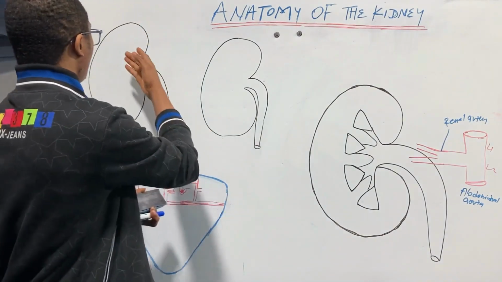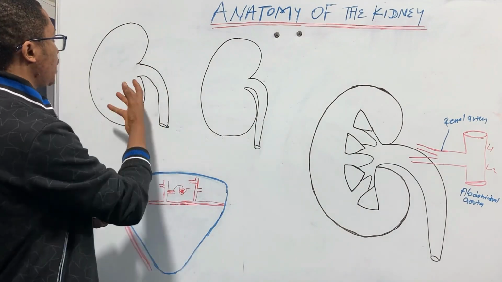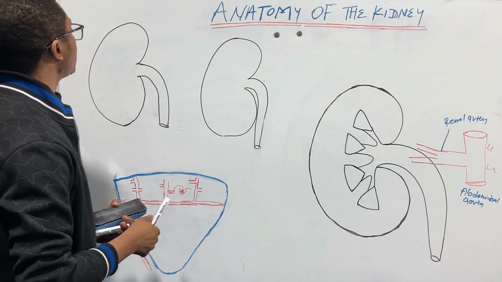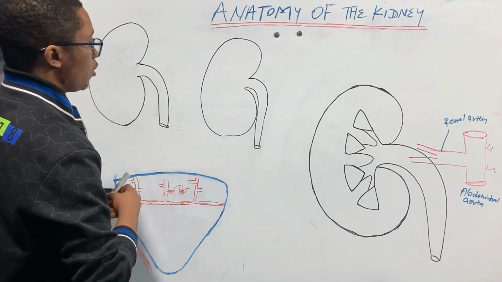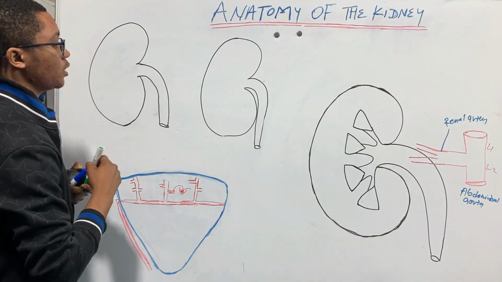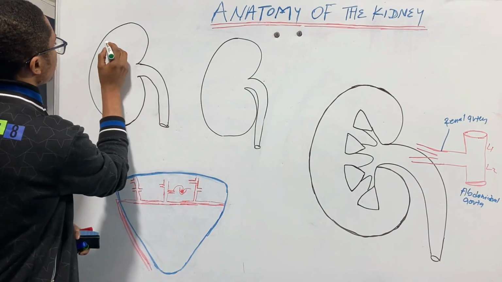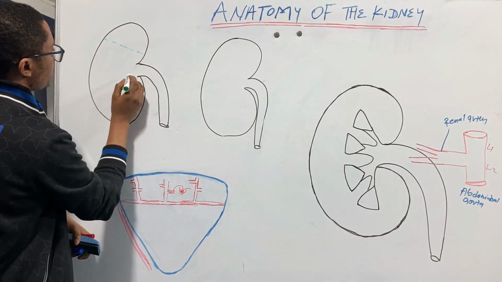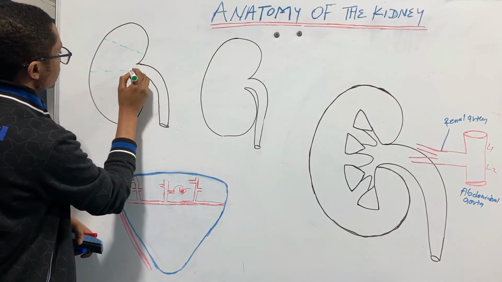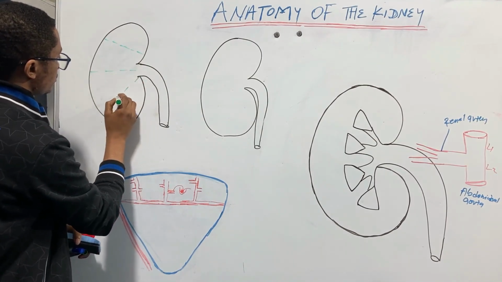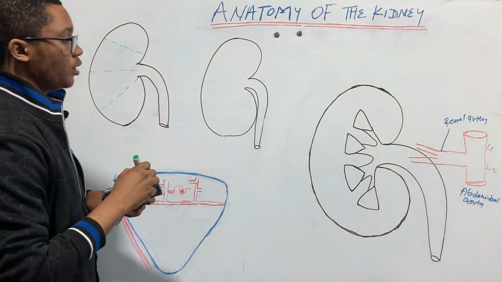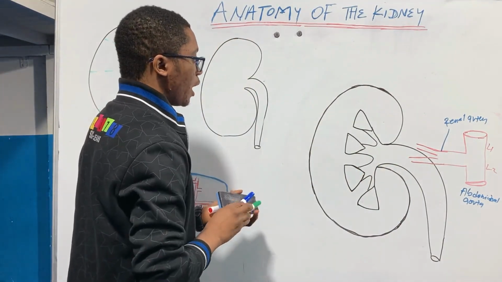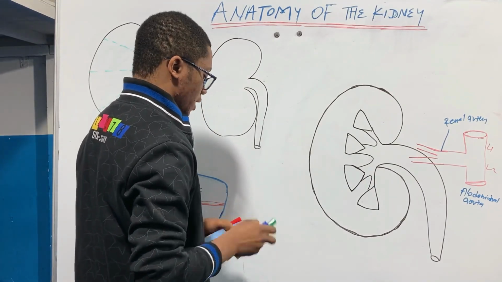So from here now, we can see the anterior view of the right kidney. And from here, we can also note the segmentation of the kidney. So the renal artery, the anterior division, comes here and divides into four segments.